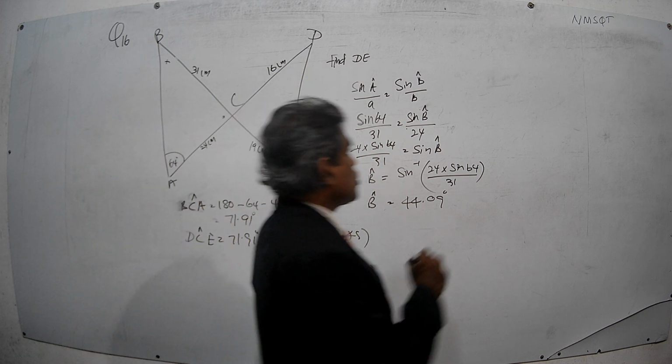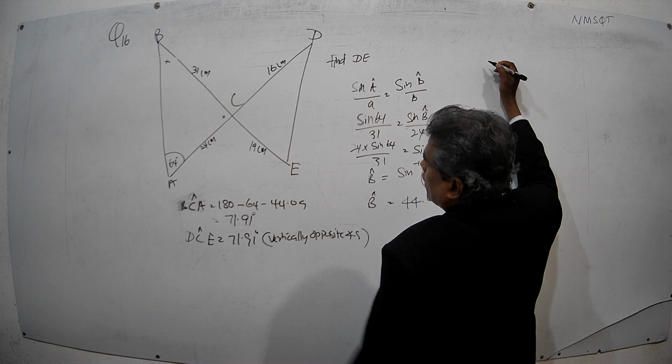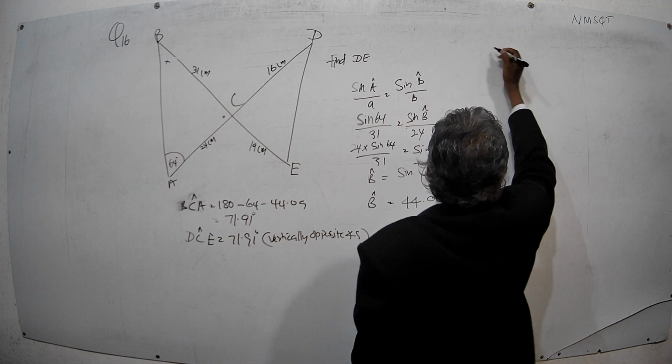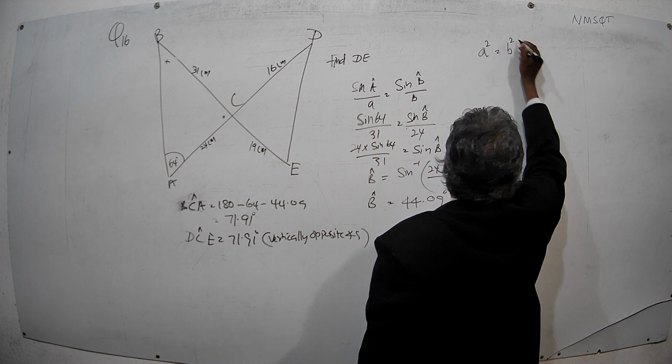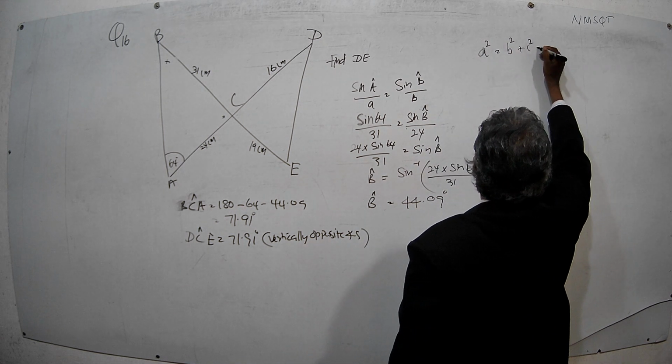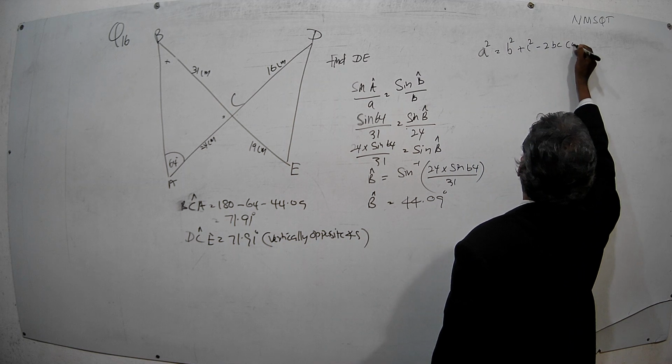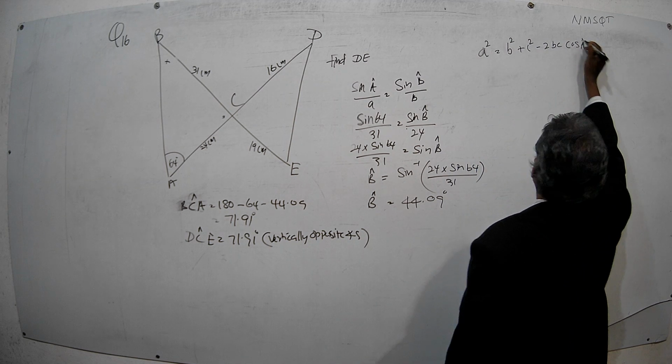We'll write the cos rule here: a squared equals b squared plus c squared minus 2bc cos A. So that is the cos rule.